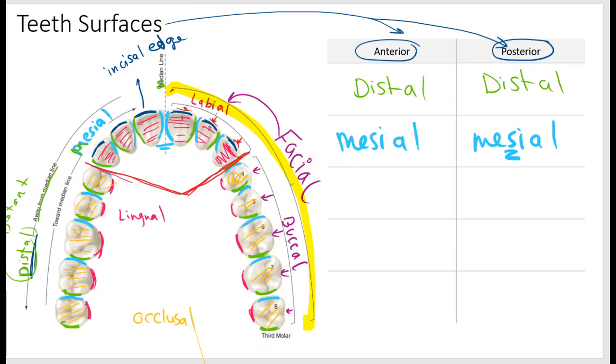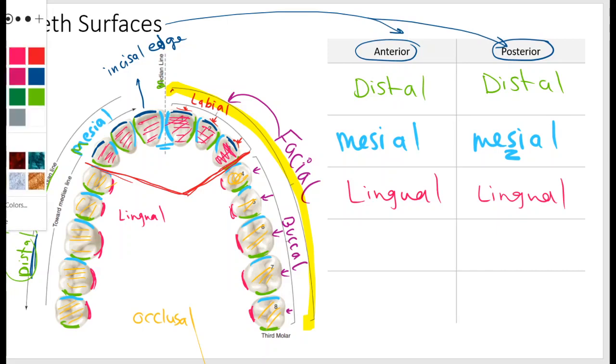I think that's the one. It is also the same. Lingual on anterior teeth and lingual on posterior teeth. See, again, we use the same color on anterior and on posterior teeth. It's both lingual.